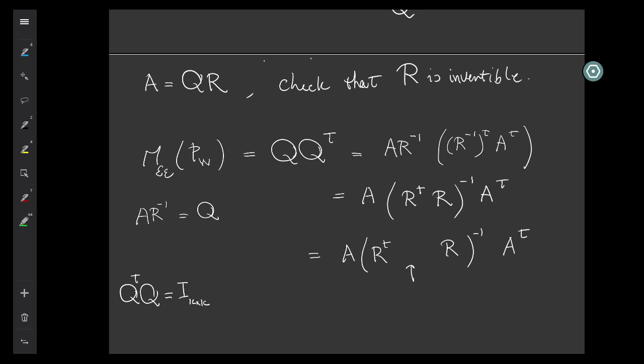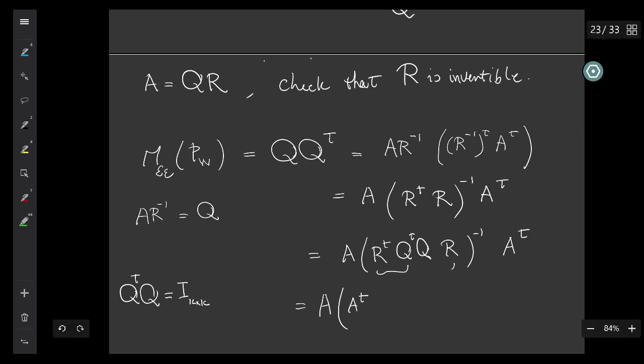So here I'm just inserting Q^T Q. And now we're done, because this is A, this is A^T indeed, and this is A indeed, and we have the inverse in the middle. Okay, that's very nice. And we have that.